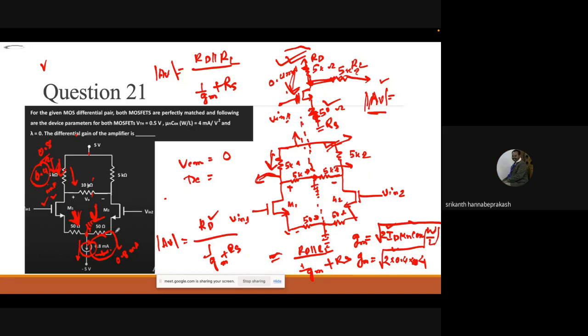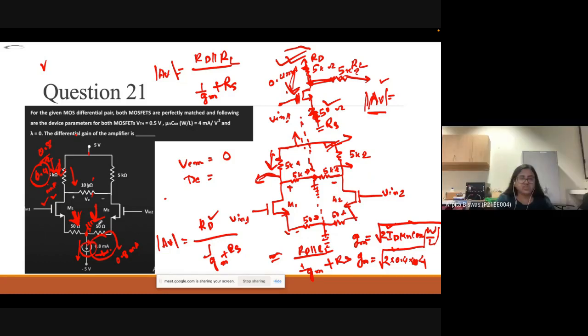Okay. Here, in this case, the total current flowing in this circuit, 0.8, is given. So the current is given, and you can see we are taking it for the small signal analysis and also for the DC analysis.